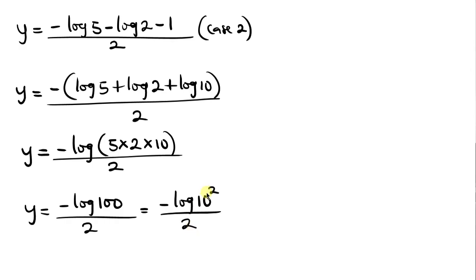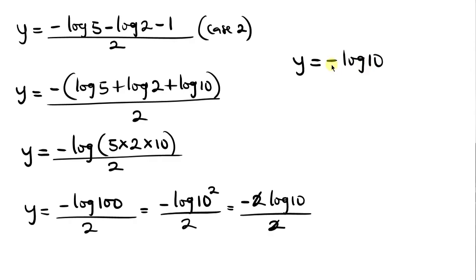And now applying the law of logarithm, take this exponent to the front so that we have negative 2 log 10 all over 2. So 2 can go with 2, leaving y equal to negative log 10.